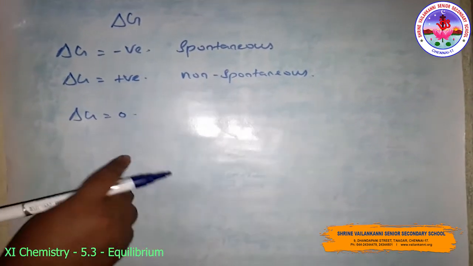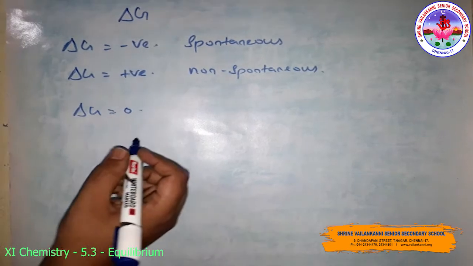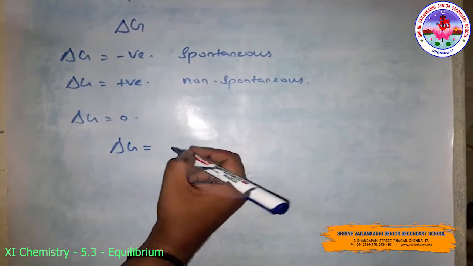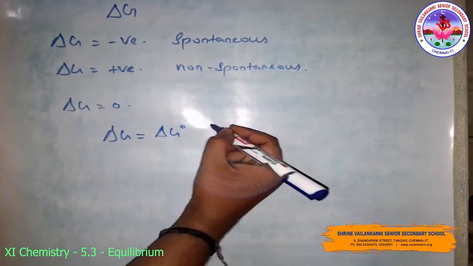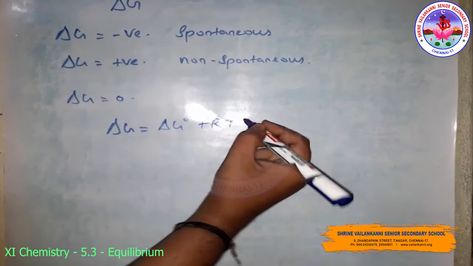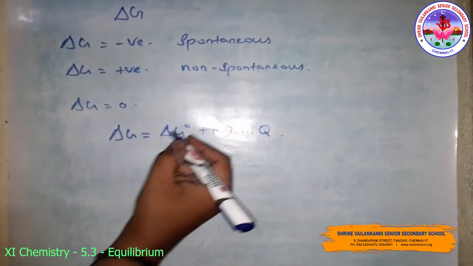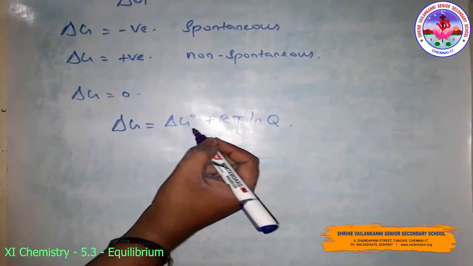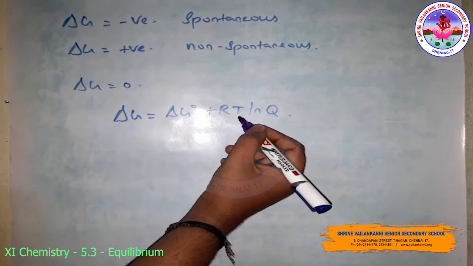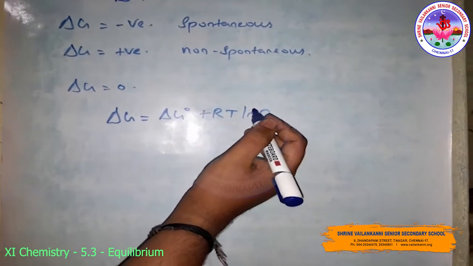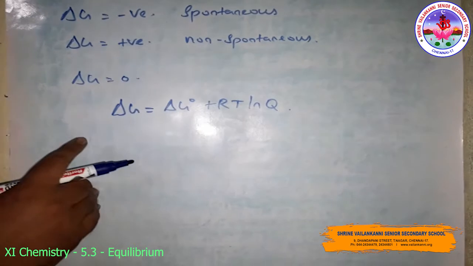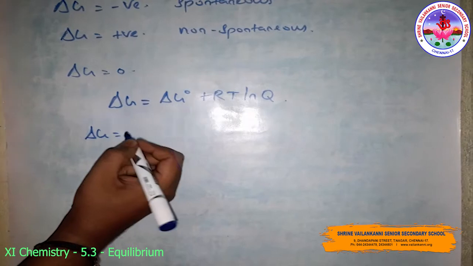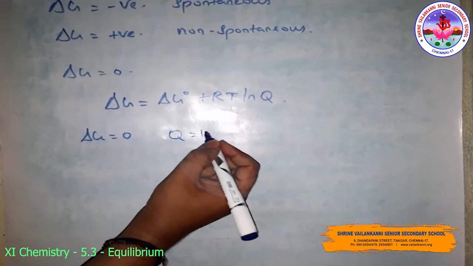The mathematical expression of the thermodynamic view of equilibrium can be described by delta G is equal to delta G naught plus RT ln Q. Here delta G is the Gibbs free energy and delta G naught is the standard Gibbs free energy. R is the gas constant, T is the temperature, and ln is the natural logarithm of Q. When delta G is equal to 0, Q is equal to Kc.